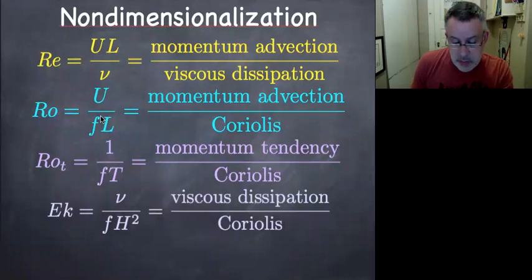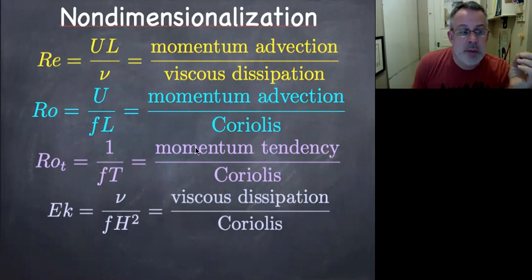Or we can think of it as the ratio between two terms in the equations: the momentum advection versus the viscous dissipation terms in the horizontal momentum equations, or it could be the vertical momentum equations as well for the Reynolds number. The momentum advection over the Coriolis parameter in the horizontal momentum equation. The momentum tendency, that is d/dt of the momentum over the Coriolis parameter in the temporal Rossby number case, or the viscous dissipation or the turbulent mixing term versus the Coriolis parameter for the Ekman number.